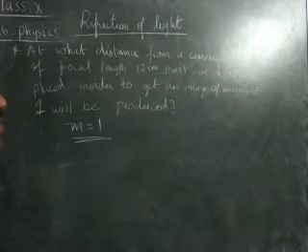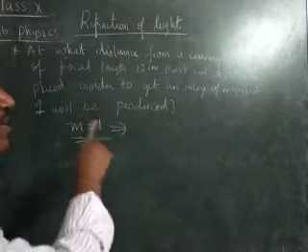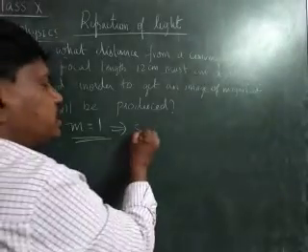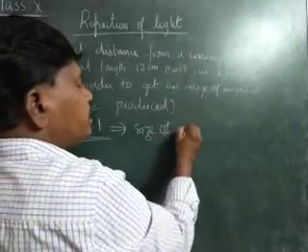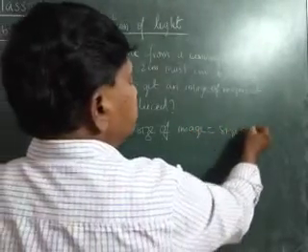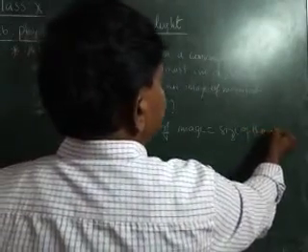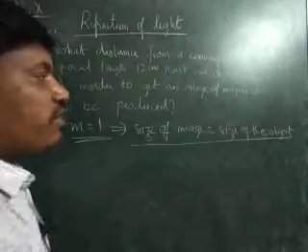M equal to 1 means what, children? Magnification 1 means the size of the image is equal to the size of the object. In which case is the size of the image equal to the size of the object for a convex lens?